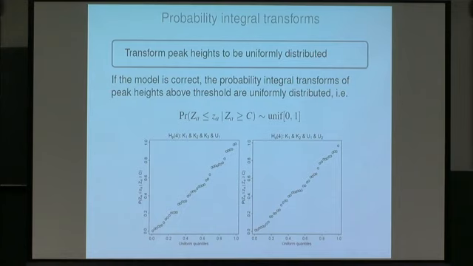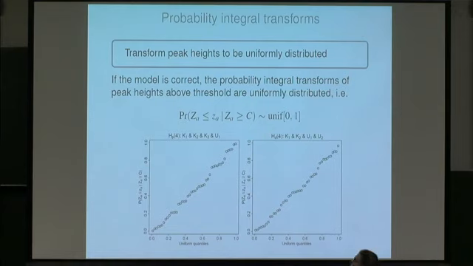Here I make use of the fact that if I take a continuous variable and transform it by its cumulative distribution function, I get a uniformly distributed variable. And my peak heights, given that I've seen them, so given that they are above threshold, are indeed continuous.